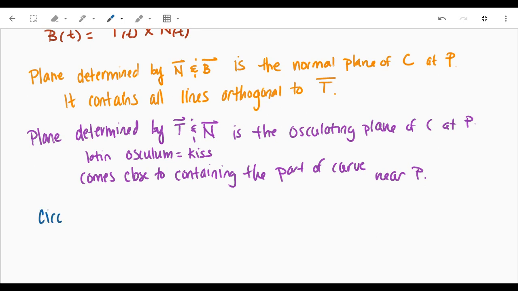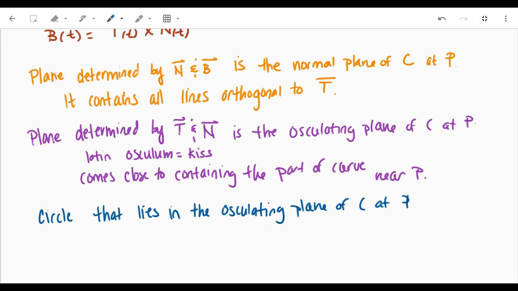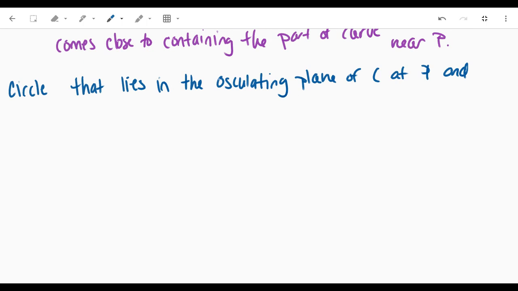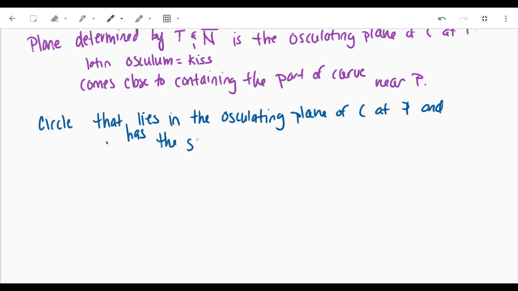The circle that lies in the osculating plane of C at P and has the same tangent as C at P. If I think about following the curve of C and the curve of the circle, they line up.